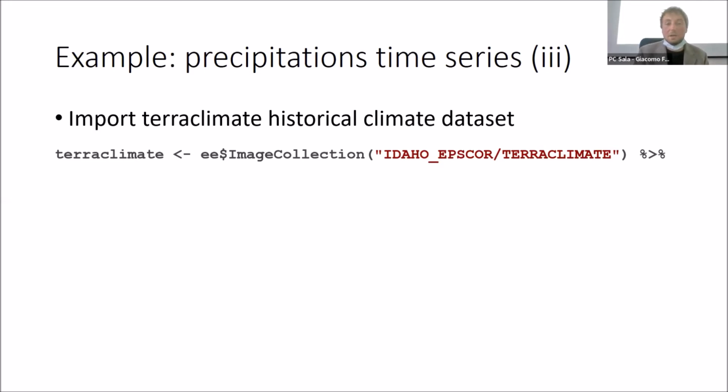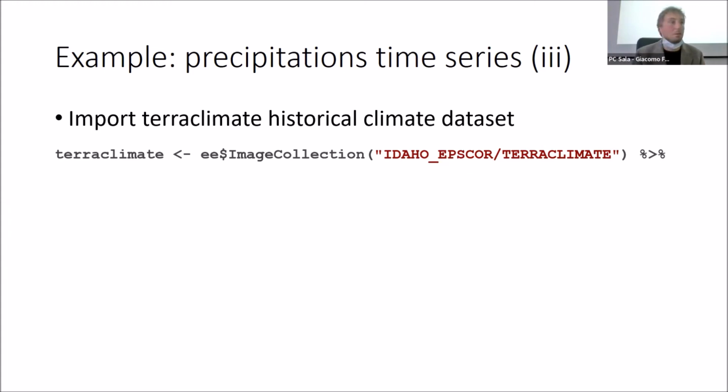Basically, image collection, and then in quotes we put the path to this dataset. And where do you find the path to every dataset? You find it exactly in those pages which every dataset has, where you also find the path to that data.